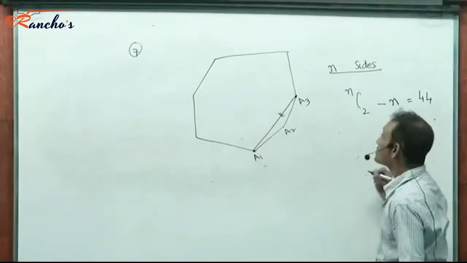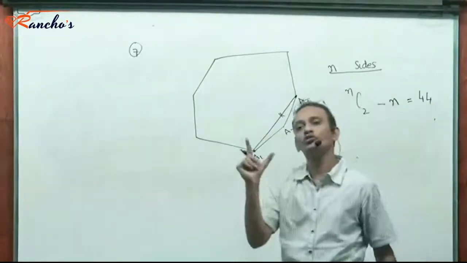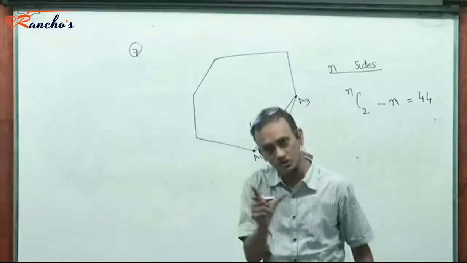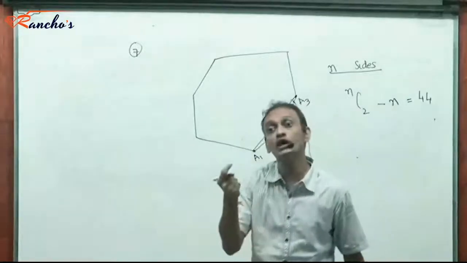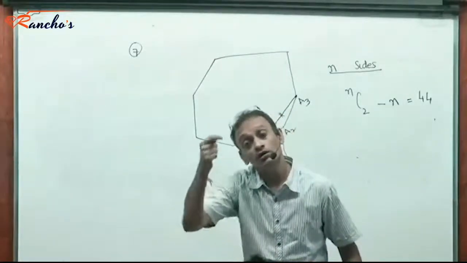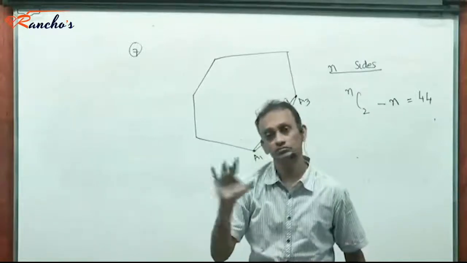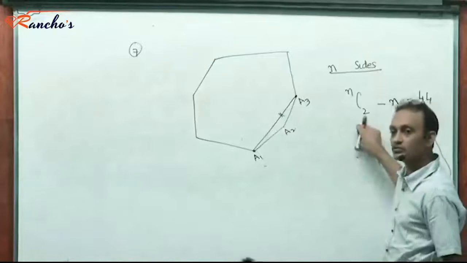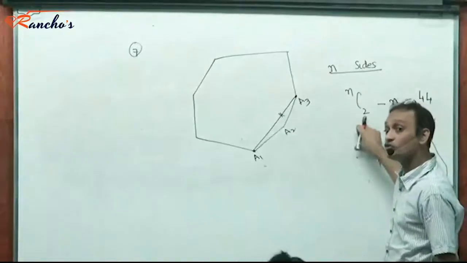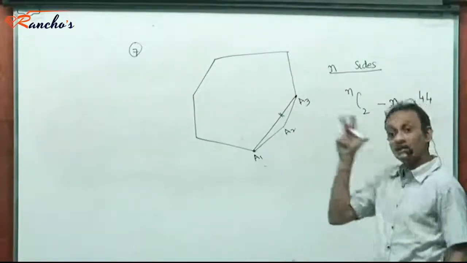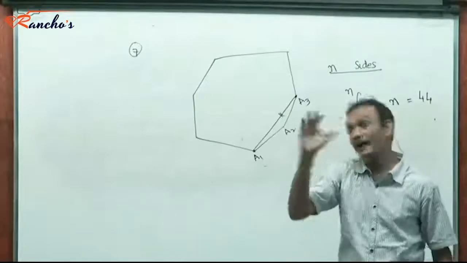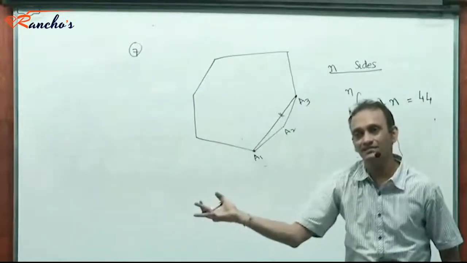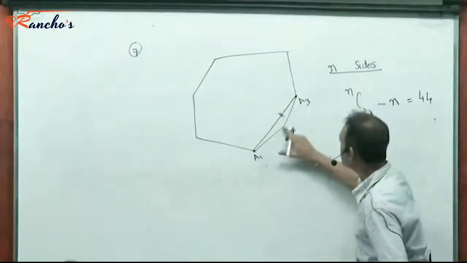Yes, of course. A diagonal is the join of any two vertices, as long as those vertices are not consecutive. So in how many ways can you select two vertices? nC2. But out of these nC2, n are actually sides, because those are also joins of two vertices.